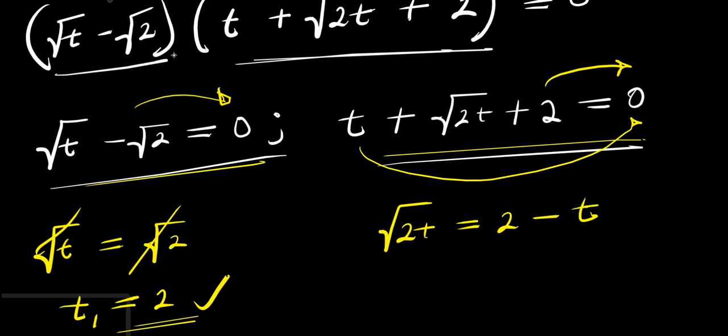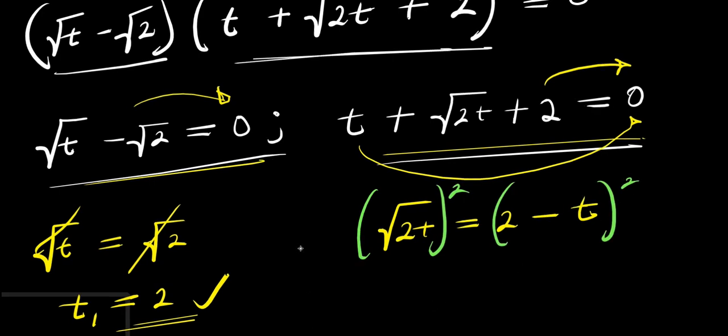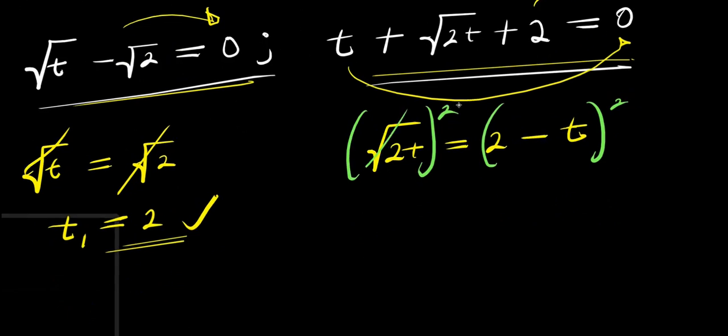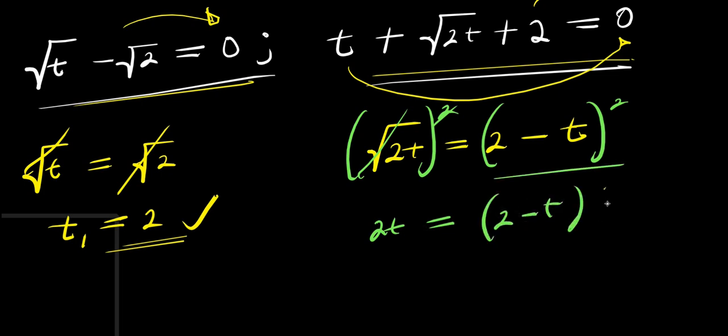That being done, the next thing I'm going to do will be to take the squares of both sides of this equation. So from here, I have 2t equals 2 minus t times 2 minus t.